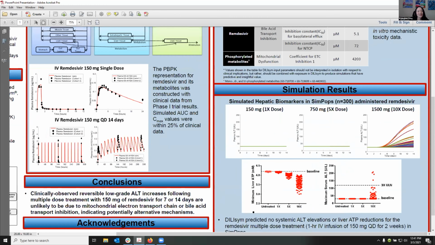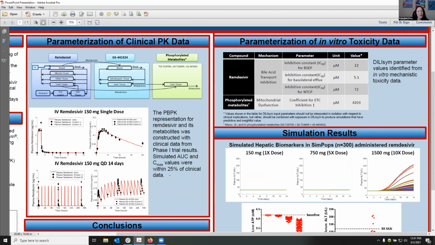Now let's look at the results, starting with the PBPK modeling. On this left panel, the top diagram shows the structure of the PBPK model we developed. Remdesivir is a prodrug of a nucleoside analog.